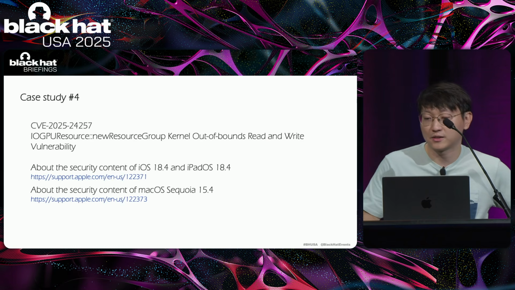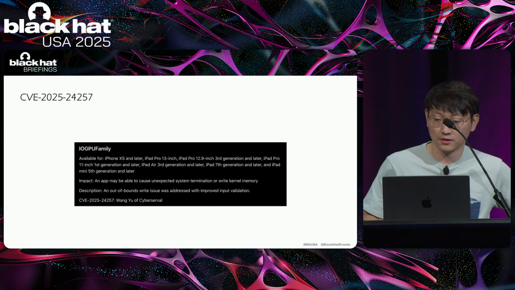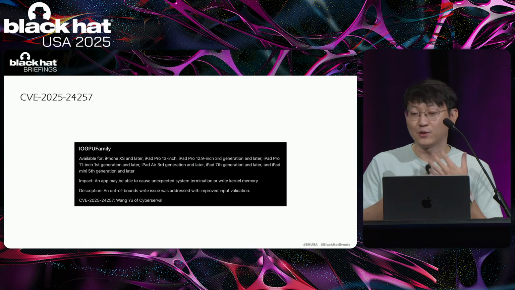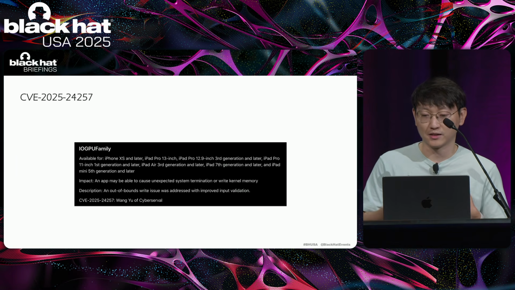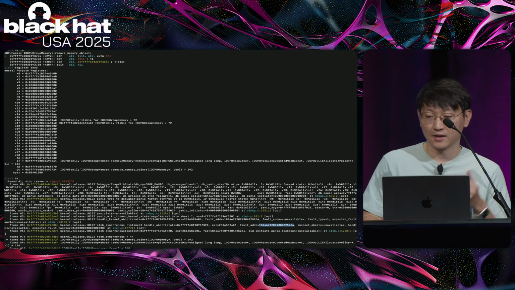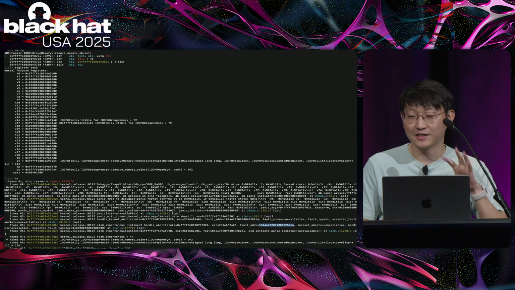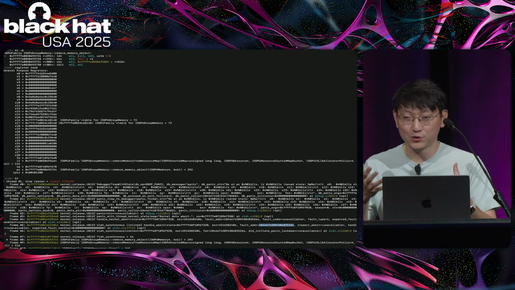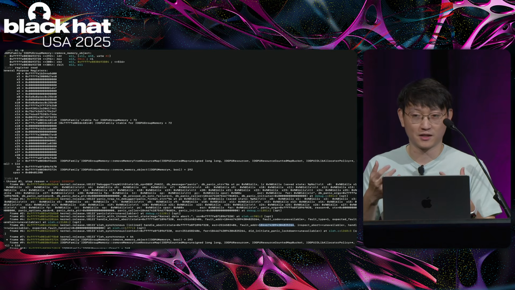Another vulnerability we would like to share today is related to the GPU's resource allocation function. The description this time is clear. It's a kernel memory write vulnerability that affects both iOS and macOS. As I mentioned earlier, to make the description as accurate as possible, you have to show that the bug is exploitable.